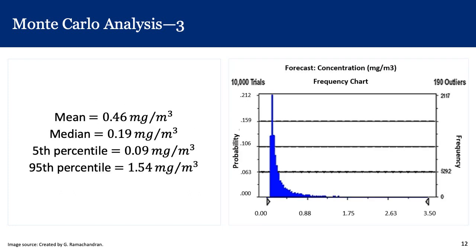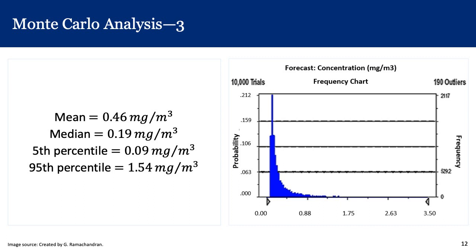So when we have 10,000 values of C produced by this Monte Carlo sampling approach I described, we can plot these 10,000 values as a histogram shown as blue bars in this histogram here. And we can then calculate the mean of these 10,000 values. So that comes out to be 0.46.